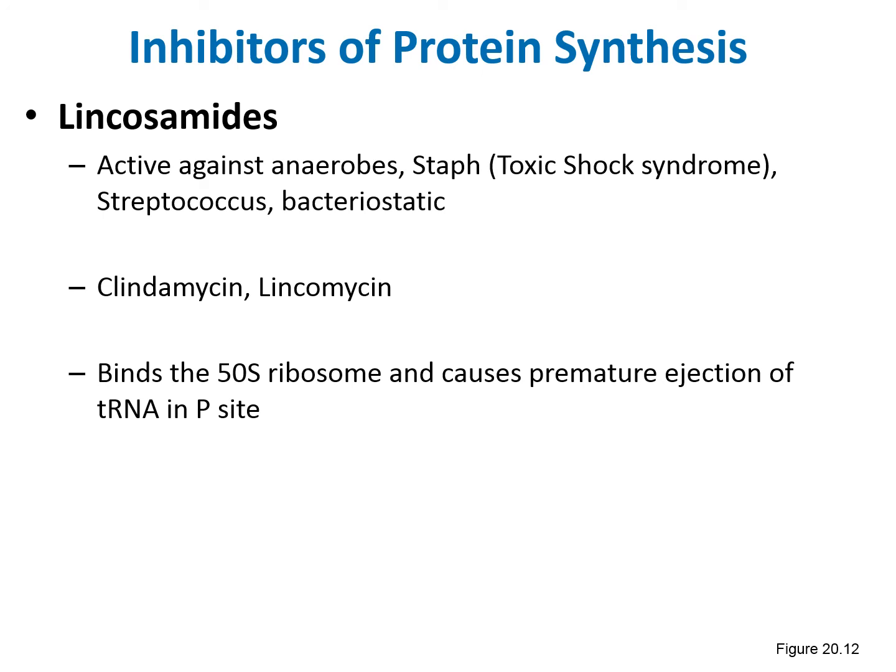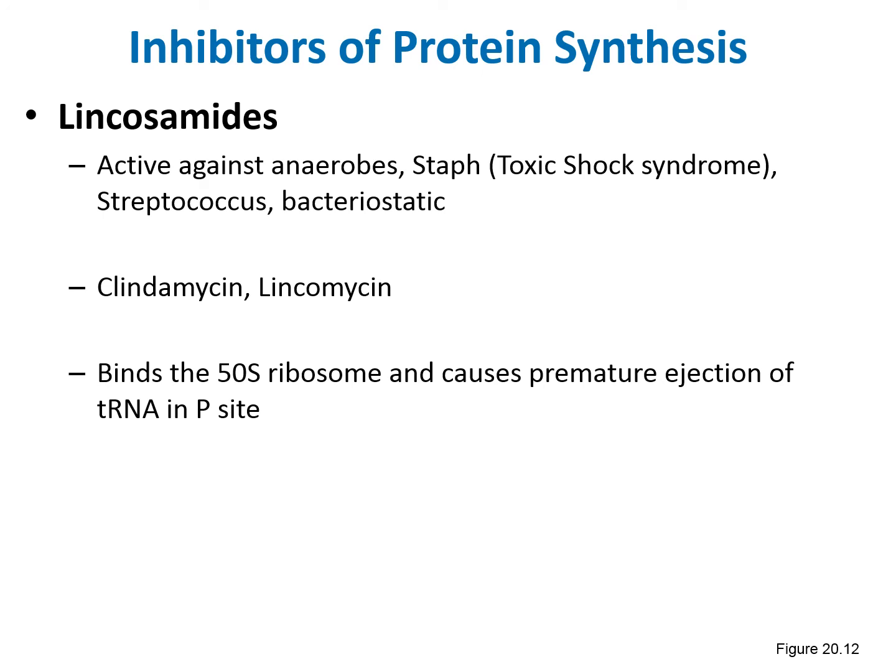Lincosamides are kind of related to your macrolides in function. They bind the 50S ribosome, and they're going to cause premature ejection of tRNAs in the P site. This is going to stop essentially protein translation.